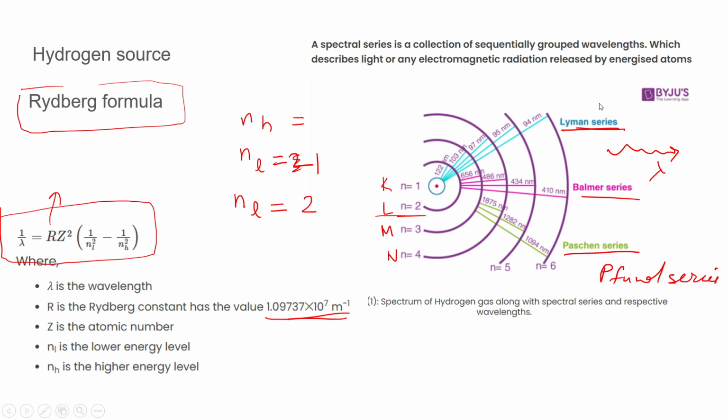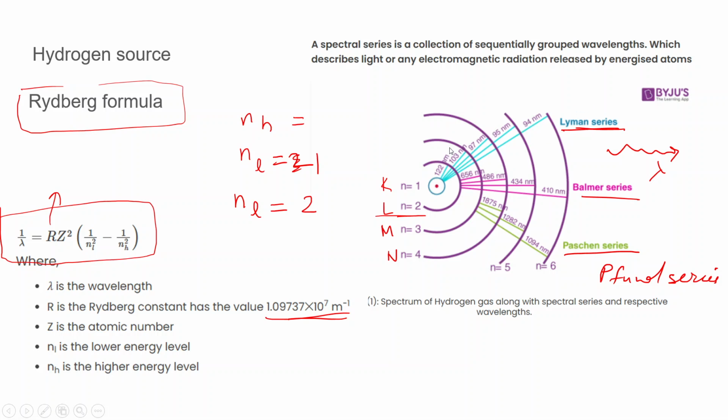It could come from the second level to the first level, or from the third level to the first level, or from any level to the first level. If it's coming to the first level, then whatever radiation it emits makes the Lyman series.